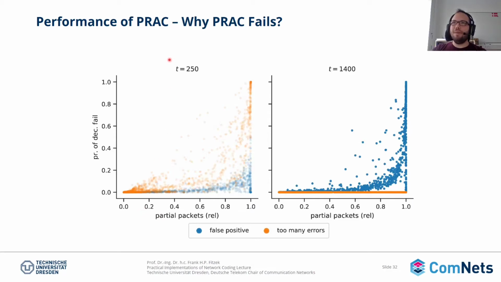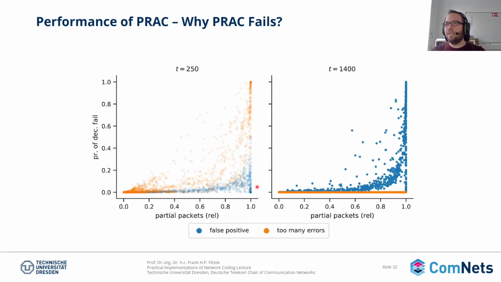So we saw that if we have a computationally limited PRAC, a PRAC that can correct up to 250 errors, the orange dot represents the probability of PRAC failing due to too many errors. This is the partial packets, normalized to the total number of packets received.